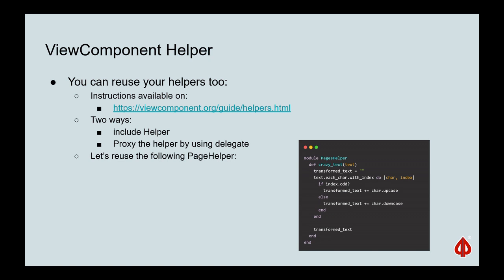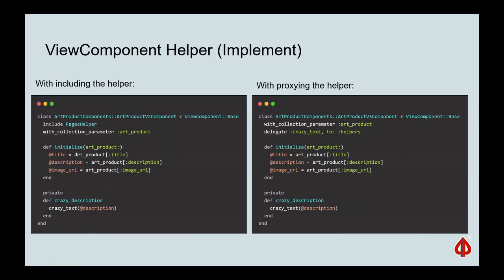Or you can proxy the helper by using delegate. If you include it, you can just call the crazy text and pass a description to it. I reuse the view component that I already created as version 2 and version 3. Or you can mention use helpers and then call the crazy text. Whenever you call the crazy text, it goes to the helpers and then renders the crazy text.